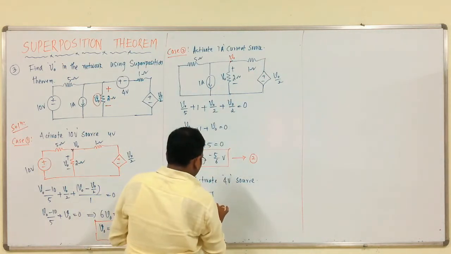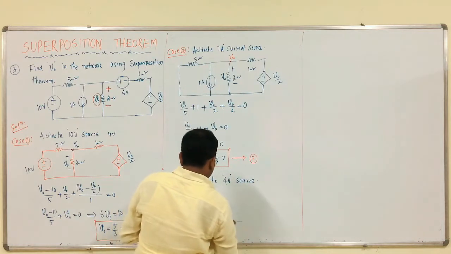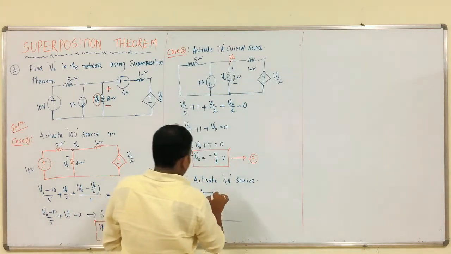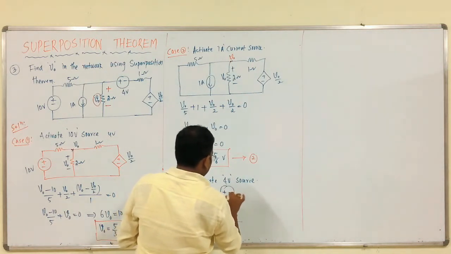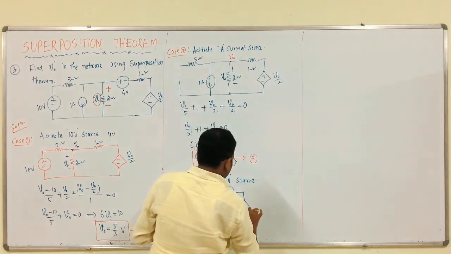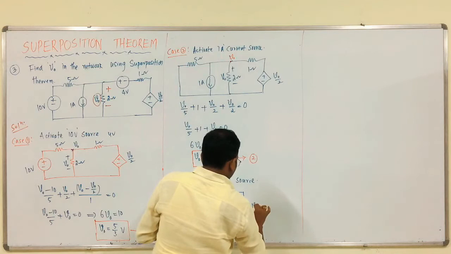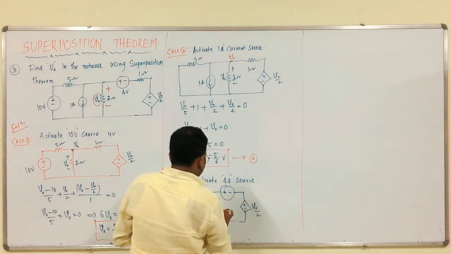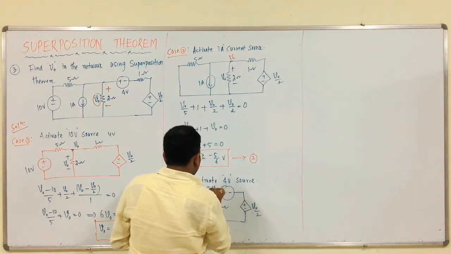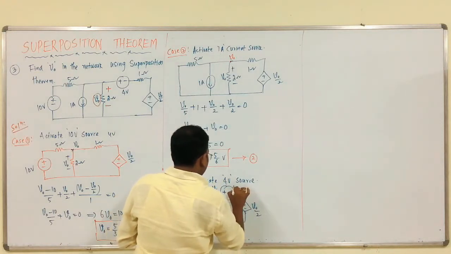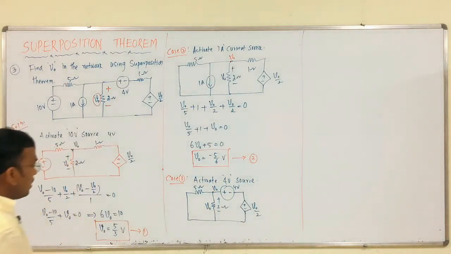Now, it is time for the 2 ohm branch. Next 4, plus minus, this is plus minus V naught by 2, this is plus minus 2 ohm, this is V naught. This is the 5 ohm branch, this is 4 volts, right.